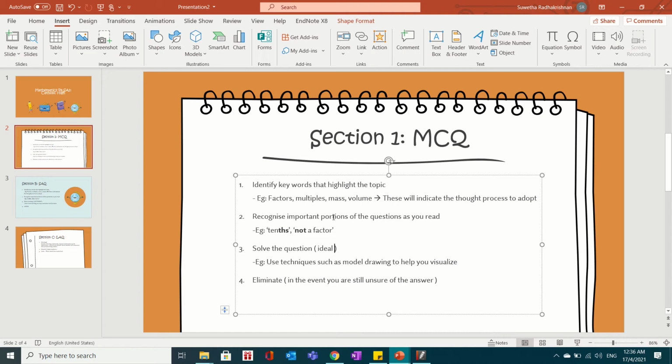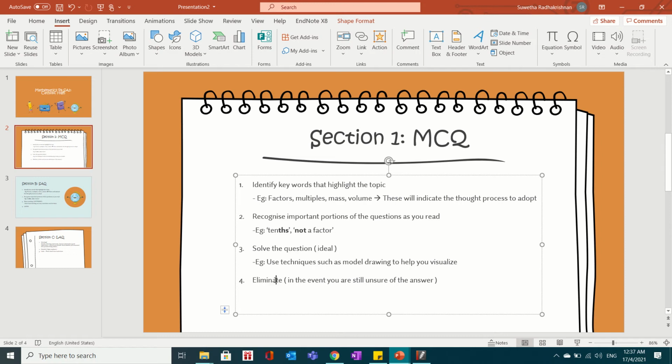So that you can avoid careless mistakes. The ideal way to complete the MCQ section will definitely be to solve all the questions, and this is the most ideal, but you should realize that you may not necessarily have to do that for every single question because of the other option that we have, and that is elimination.